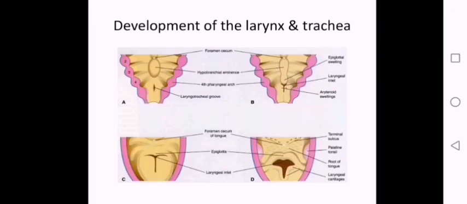Just caudal to the 4th pair of arches, the laryngotracheal groove appears, and it will be the primordium of the tracheobronchial tree. Here, the outgrowth of the tracheobronchial tree appears around this groove.